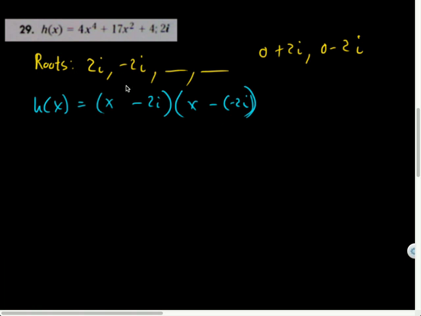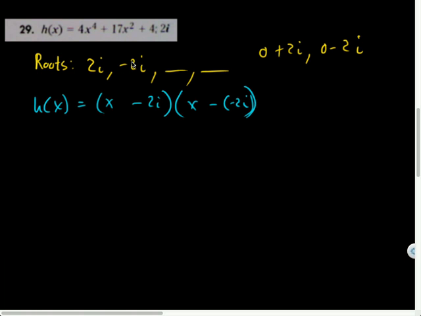If those are the roots, or if these are x-intercepts, or if these are zeros, then that means factors must be x minus this, and x minus that. And if these are 2 factors that contain those 2 roots, then the polynomial I get when multiplying these factors is a depressed polynomial that contains exactly these 2 roots.